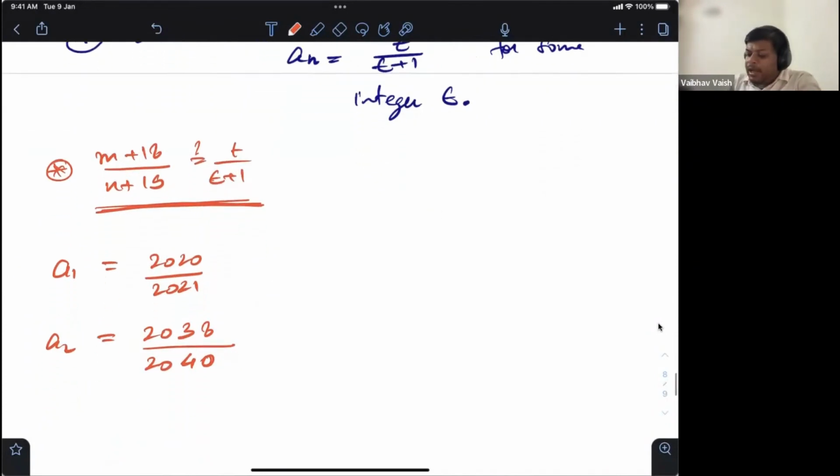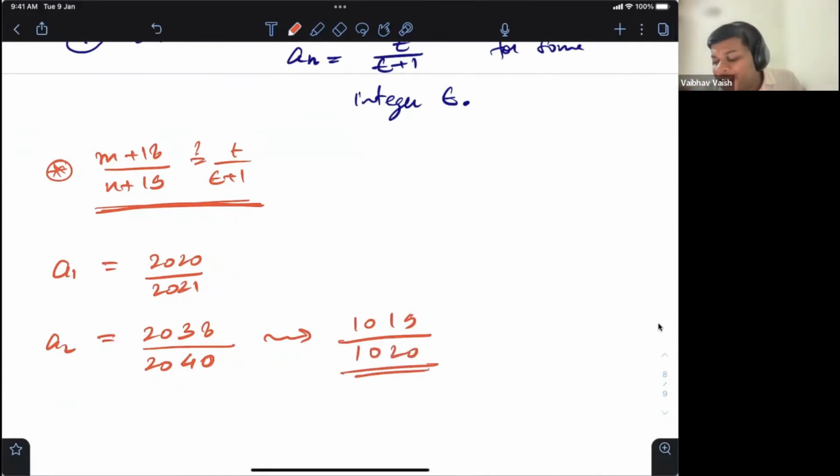So already I require some cancellation to happen. So I get 19 and 20. So good, we already found a solution. We tried the first step. We found that we can reduce it to a form such that it becomes t by t plus 1.